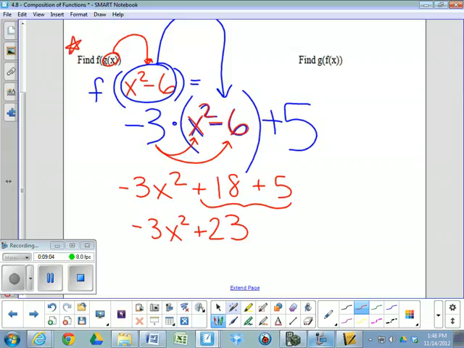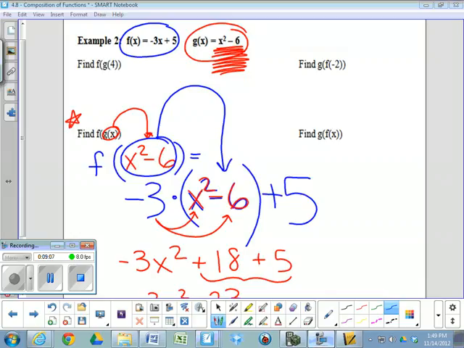All right. We're going to do the example directly above that, and we're going to find f of G of 4. And here's the technique that I often use to show students this part. When you have f of G of a number, here's how I want you to write it. Take the 4, plug it into G's equation, and tell me what you get.